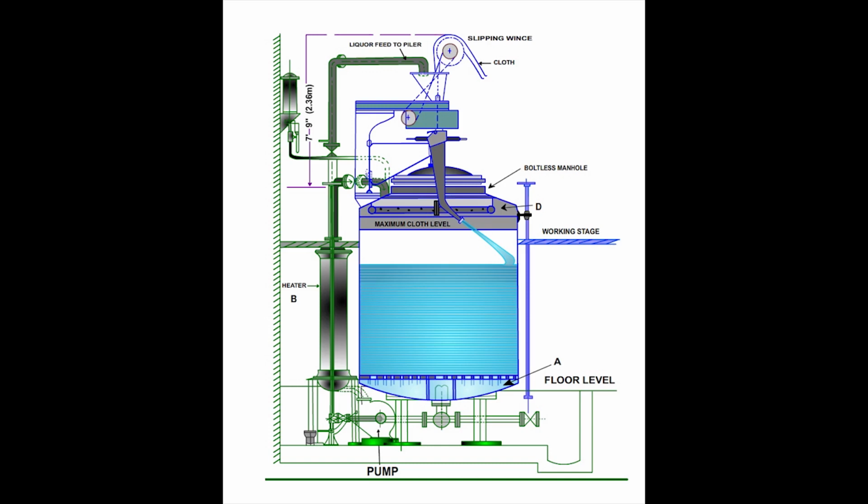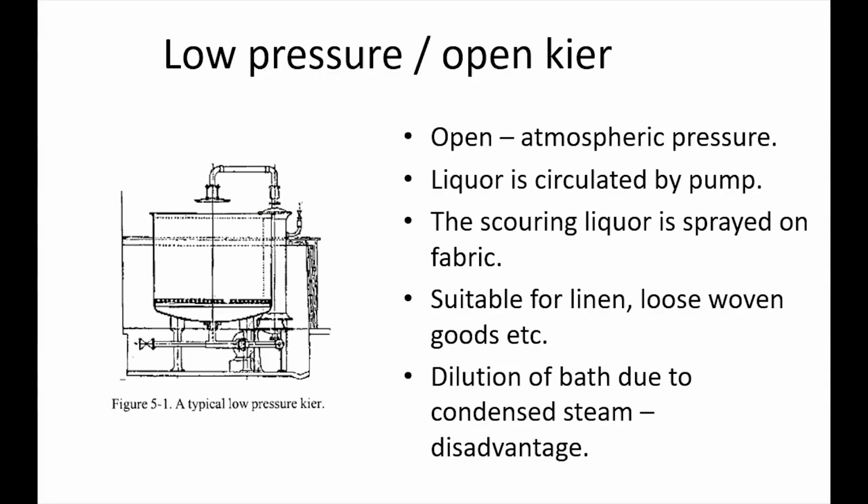In this type of gear, heating of the scouring liquor is done separately using indirect steam instead of direct steam. So they will use an indirect heating system. An auxiliary boiler, which is a multi-tubular heater, is provided. So please see the picture.